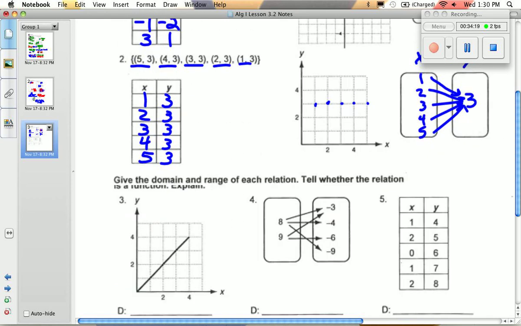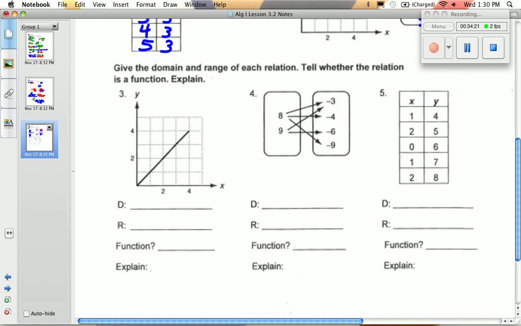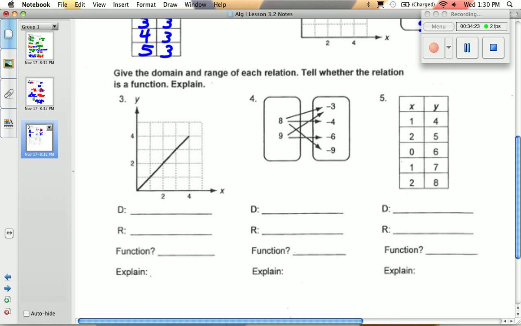Okay, now we're going to practice finding the domain and range of each relation and deciding if it's a function or not. We're going to kind of pull together what we did on that first page. What's the domain in this one? Careful, is this discrete? No, it's continuous. So we need an endpoint and an endpoint.